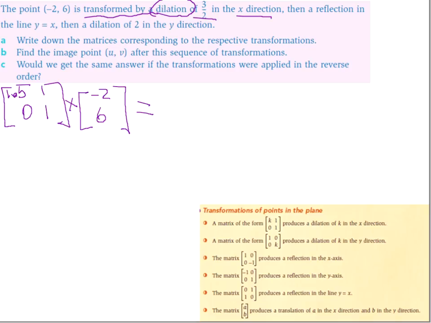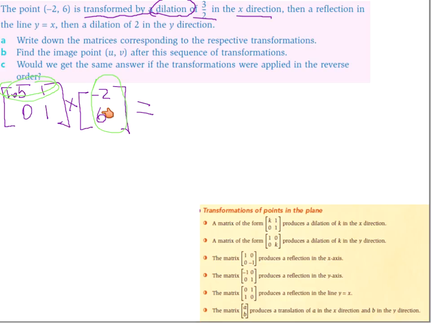Okay, now how do we multiply the matrices? So we take, I'll just use another column. We take the first row and we multiply it by that. Okay, so we have 1.5 times negative 2, that gives us negative 3. And 1 times 6 gives us 6.